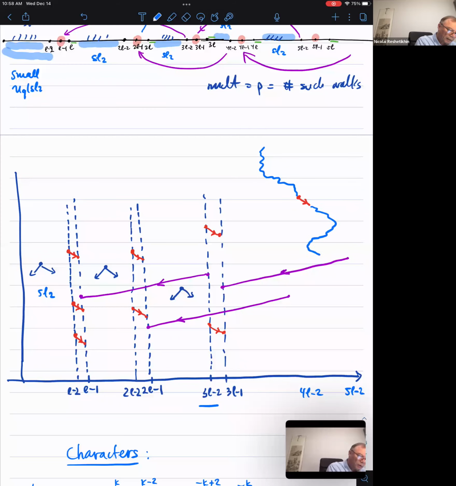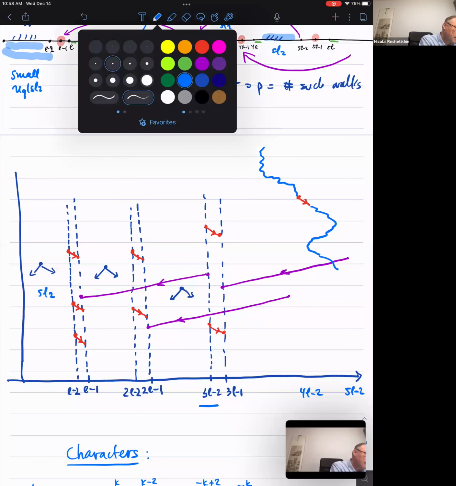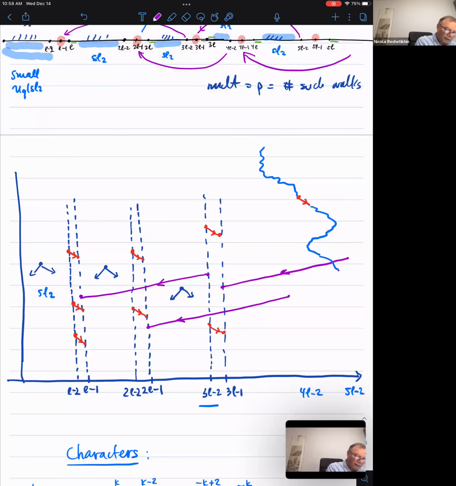It never goes back. It can jump into the next chamber and wander over there. But then, if it's lucky, it can hit this long jump point, and then it can jump back. So this is the structure of lattice path.